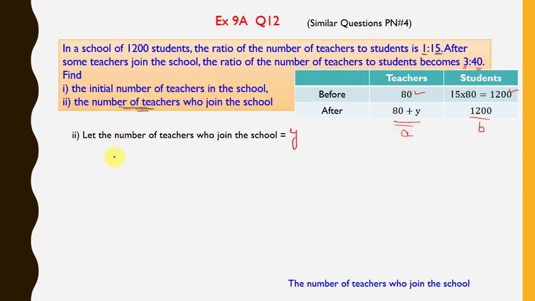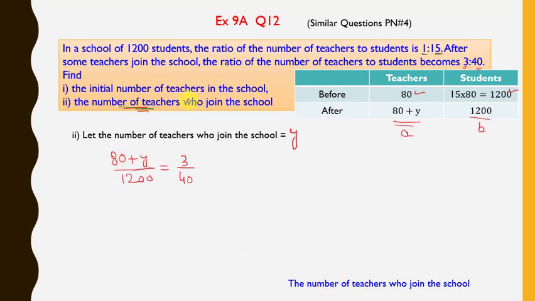So we will write 80 plus y divided by 1200 equals, and the ratio has changed after the teachers joined. It is now 3:40, so we write it as the fraction 3/40.